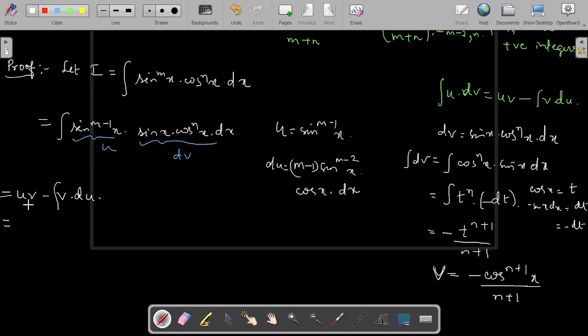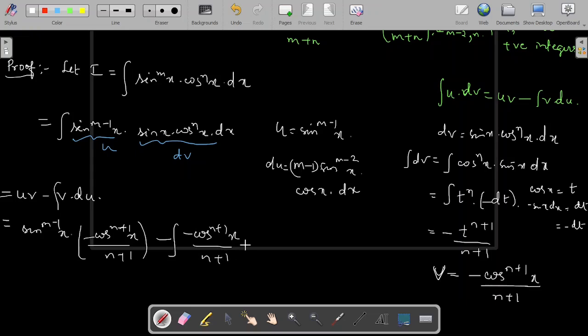So this is equal to u, which is sin^(m-1) x, into v, which we got now as minus cos^(n+1) x divided by (n+1), minus the integral of v, which is minus cos^(n+1) x divided by (n+1), into du.